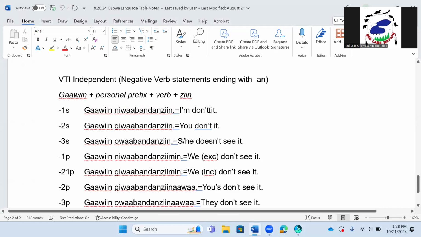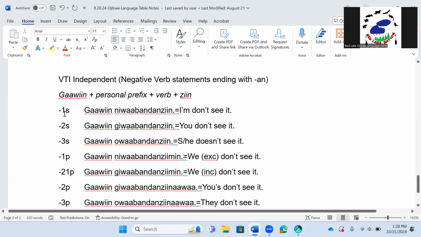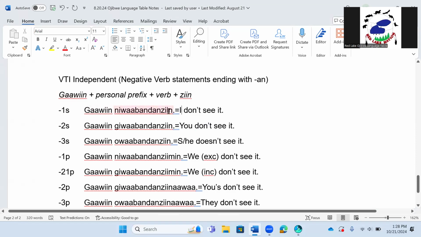I forgot to add, I wonder if I can add. Here we go. Just make an edit right here, real quick. Wabendun means to see it, so I forgot to add see. So here we go. Negative 1S. I don't see it. Gawin ni wabendun zin.